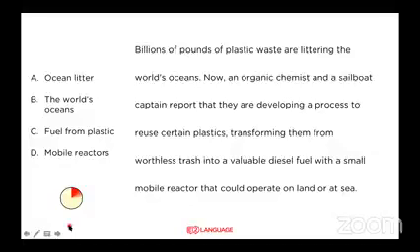What's the main idea? The main idea. Good. Much better. Looking good this time.